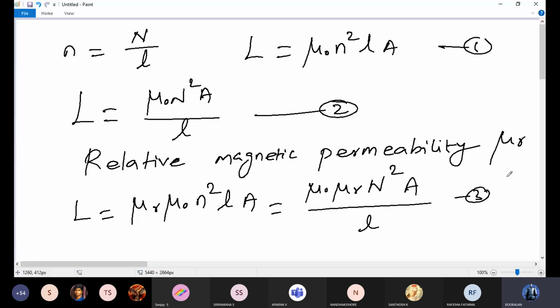Please note it now. Based on the above observation, you will get some idea of the factors affecting self-inductance. The L value is directly proportional to the square of N. L value is directly proportional to capital A. And the L value also depends upon mu naught and mu r.